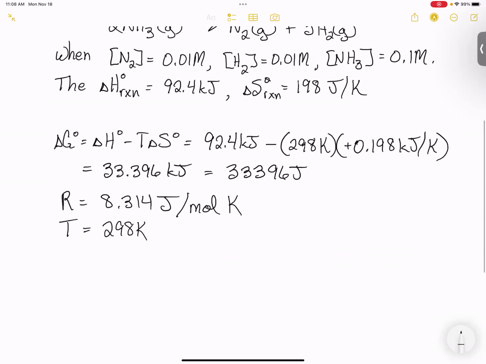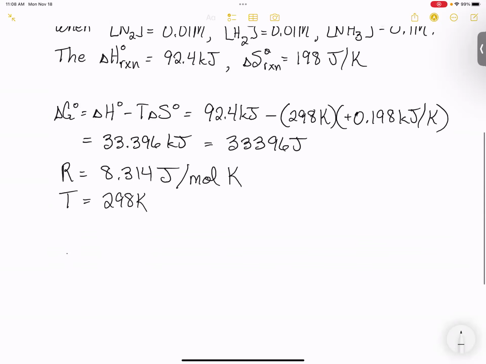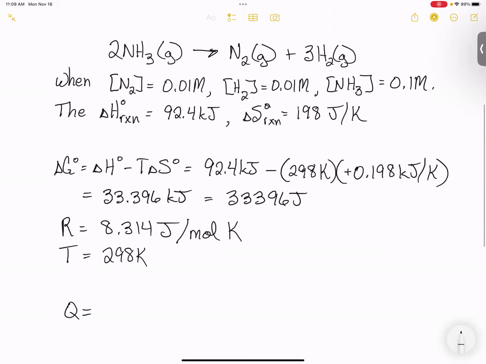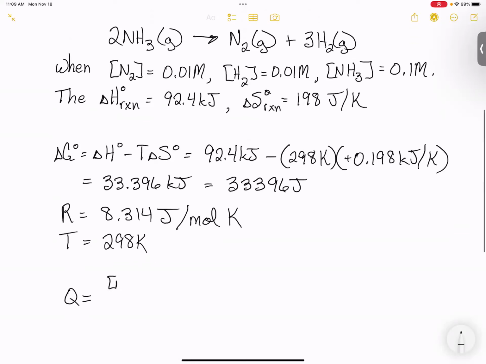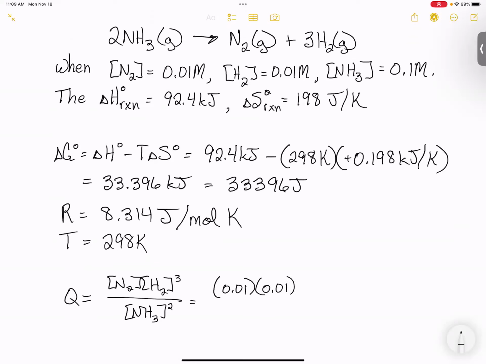And the other thing I need to calculate is Q. Q is going to be the products over the reactants. So it's going to be N2 raised to the power of 1 times H2 cubed divided by NH3 squared. So the Q is going to equal 0.01 times 0.01 cubed divided by 0.1 squared.